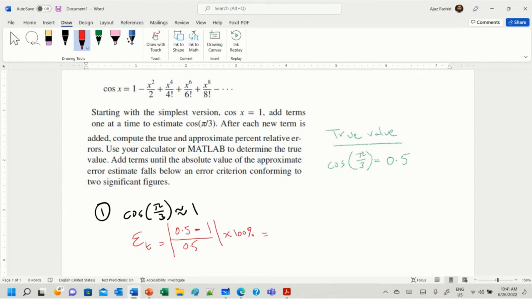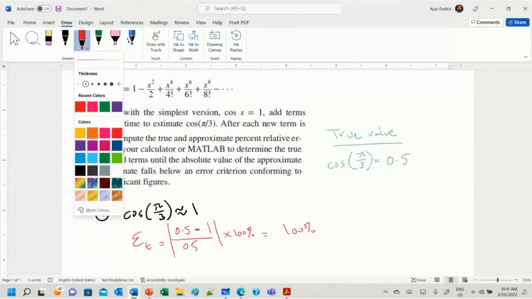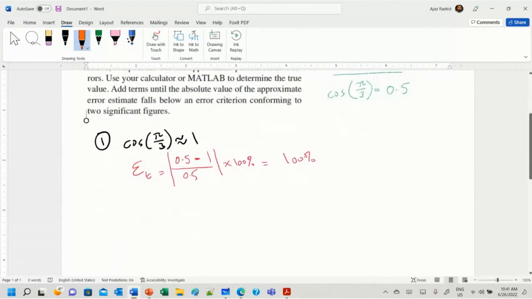So that's 0.5 minus 1 is minus 0.5. Minus 0.5 over 0.5 is minus 1, times 100, absolute is 100%. Of course, keep in mind always that since this is the first iteration, EA cannot be found, because we don't have a previous value to compare our value with.